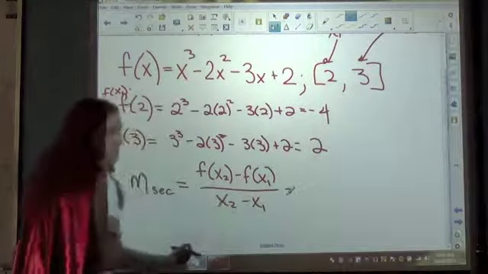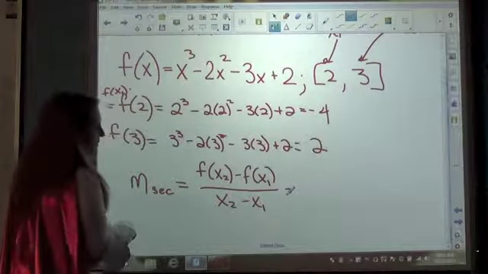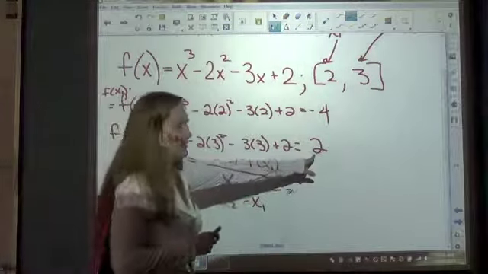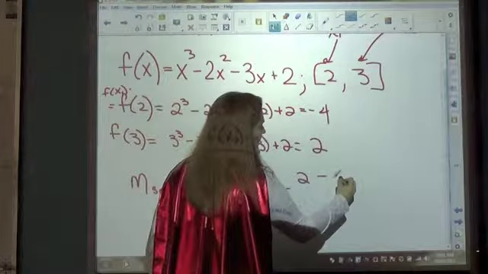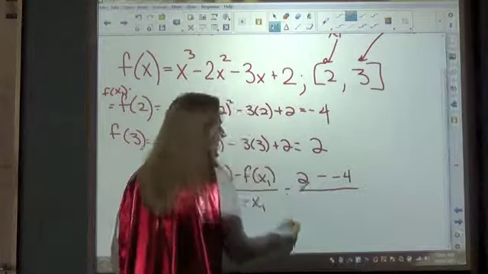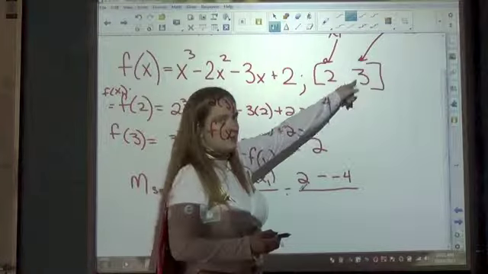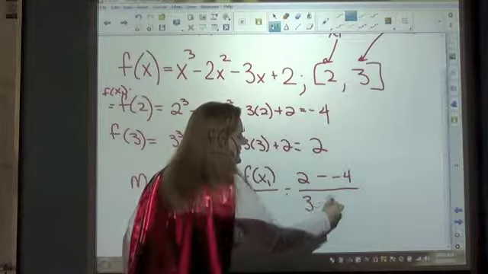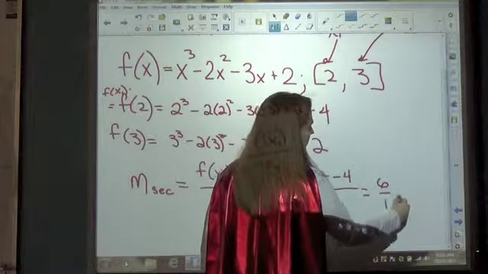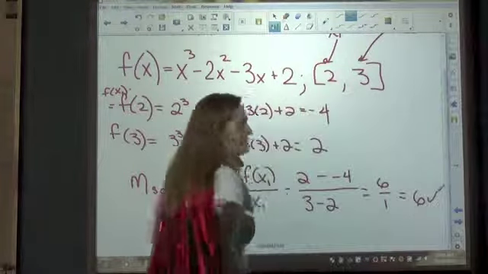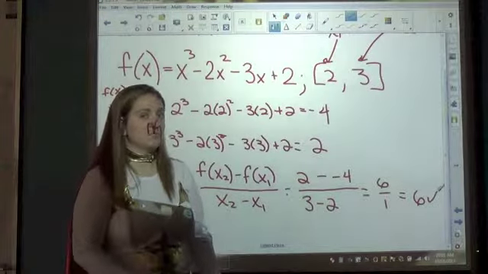So y2 minus y1 over x2 minus x1. So this is f of x2, 2, minus negative 4, over x2 minus x1, 3 minus 2. You're just plugging in the values. So I get 6 over 1, 6. The slope is 6. It's pretty easy.